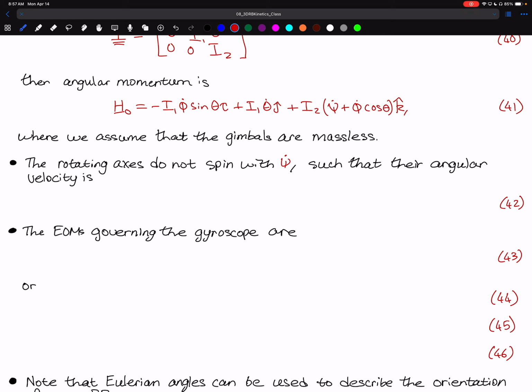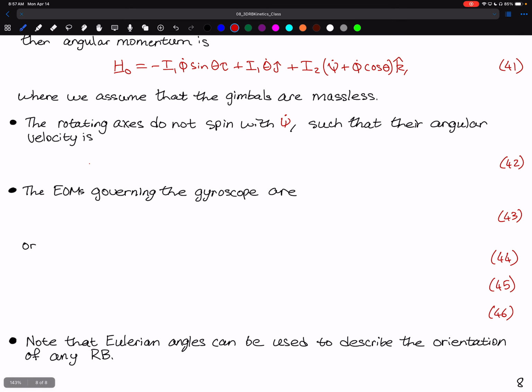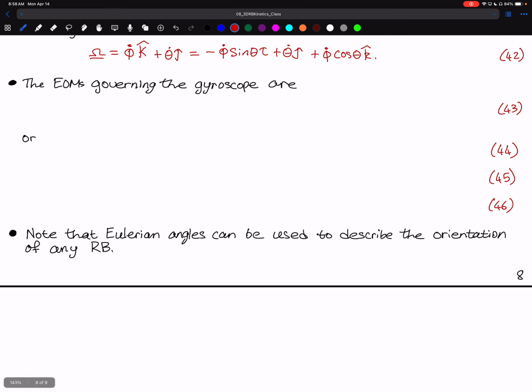They do not spin with psi dot, and as a result, the angular velocity of them, capital omega, is equal to phi dot capital K hat plus theta dot j hat, and that's then equal to minus phi dot sine theta i plus theta dot j plus phi dot cosine theta k hat. And with that, we're now ready to write out our equations of motion.